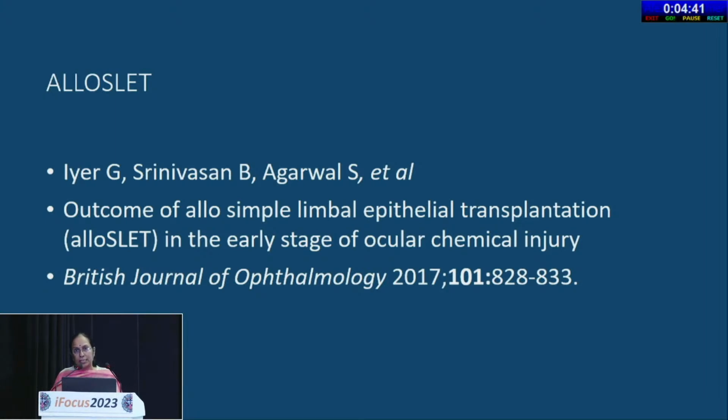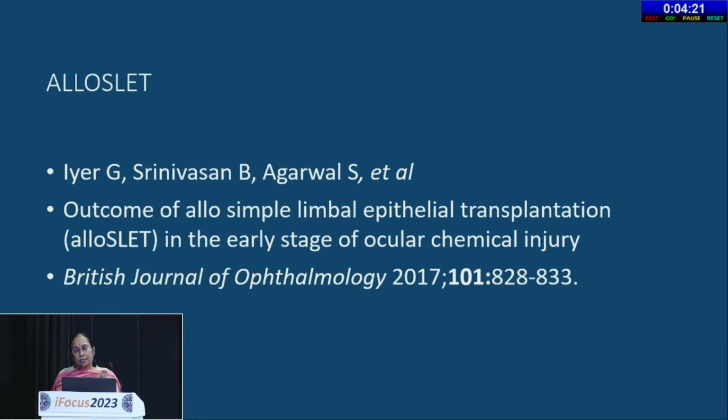So what is the modality of management? First stage, you have given chemical, you have given medical management, then you have put an amniotic membrane graft, then that didn't work, you may have to put it 2 to 3 times. In a government institution or a bigger institution, it is very easy to convince the patient: first surgery, second surgery, third surgery.